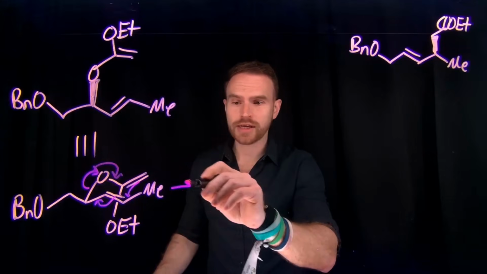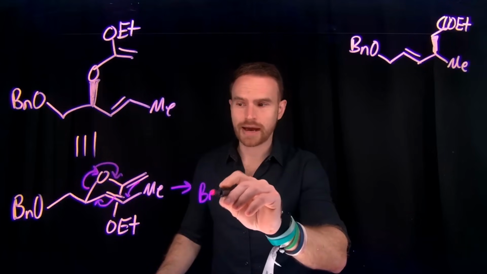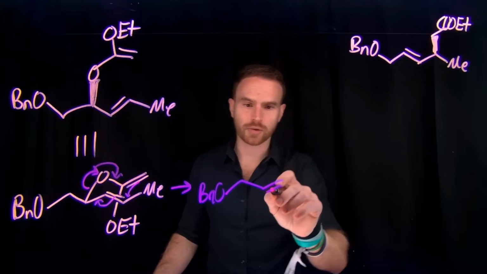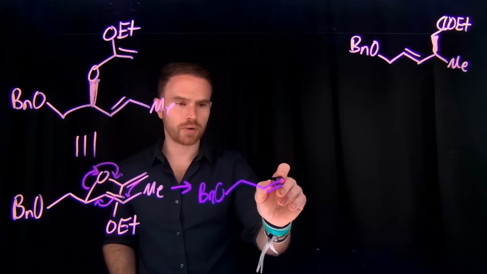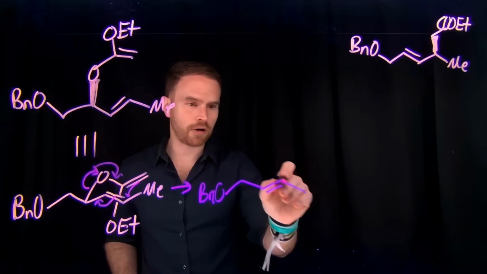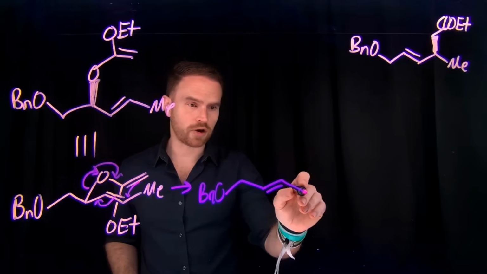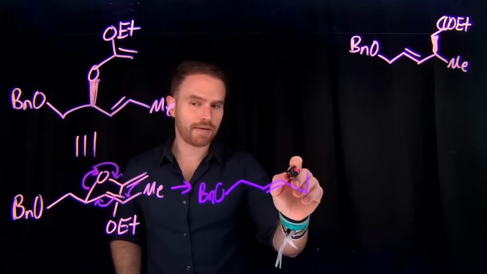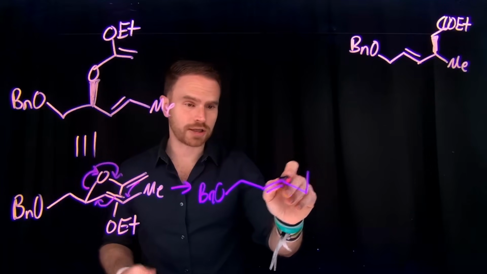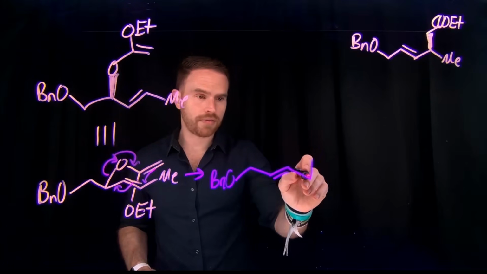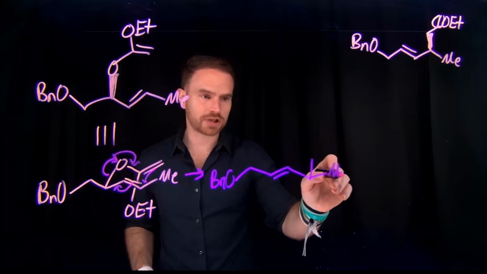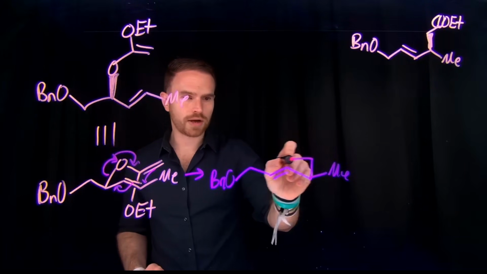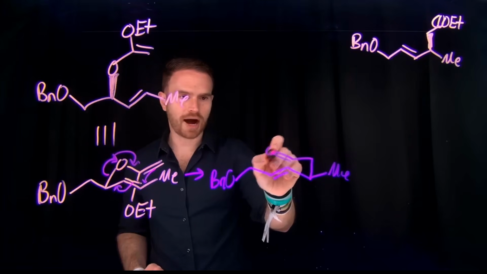So then if we redraw this intermediate that's formed after this rearrangement, hopefully you can see what this is beginning to shape up to look like. So now we have that carbon to carbon double bond located here. This carbon bond is now a single carbon to carbon bond. We now have a double bond formed between the carbon and oxygen instead, and here is where we have the methyl group coming off of this position, and then now we have closed this side of the ring, and then we have this carbon to oxygen double bond.